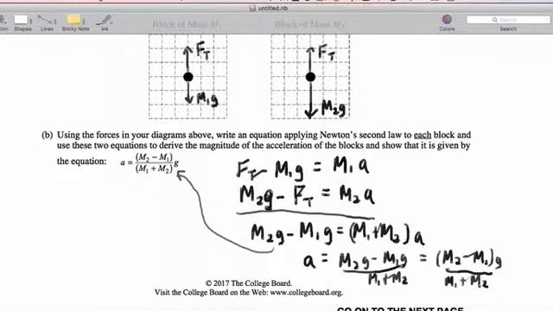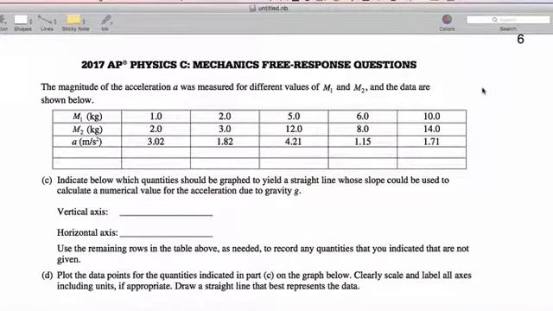All right. For part C, we have various accelerations and M1s and M2s, and we want to know what is it that we would need to graph in order to get a numerical value for gravity. So let's just be clear. The acceleration, again, we got that it's M2 minus M1 over M1 plus M2 times g.